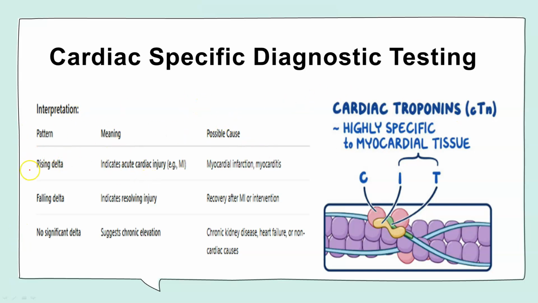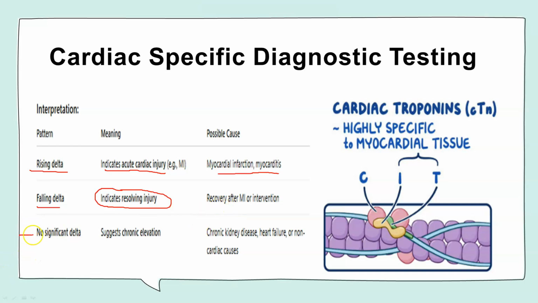When I see a rising delta, it indicates an acute cardiac injury such as infarction or myocarditis. Falling delta may indicate that it is a resolving issue. So if your client had an MI, but they were stubborn and did not come into the ED for a couple of days, you may see this falling delta.